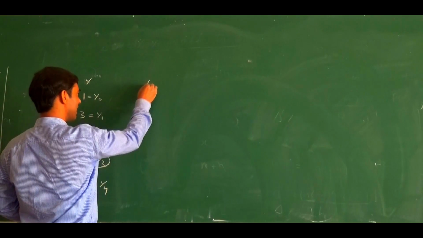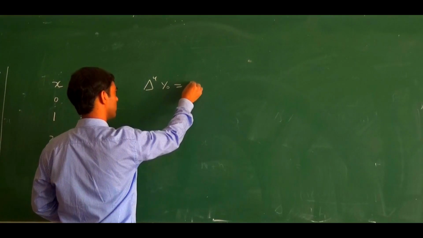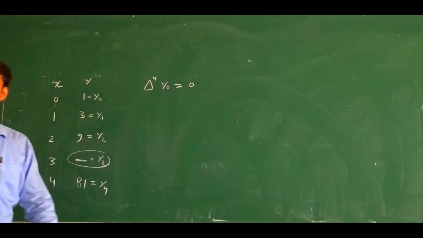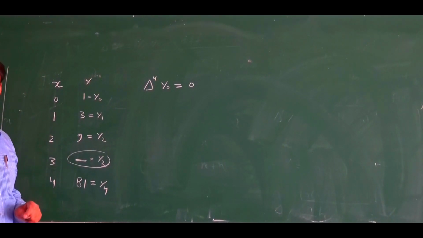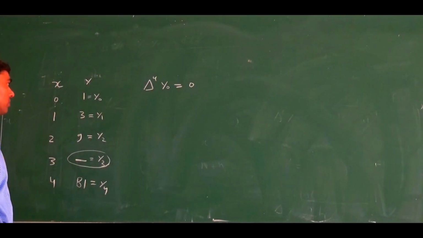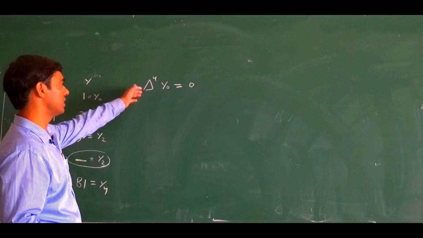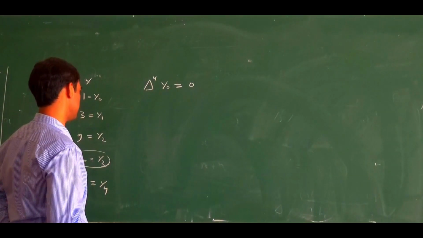This means del 4 y0 is 0. Why is del 4 y0 equal to 0? Because we have 4 known values, and with the help of 4 known values we can only fit a polynomial of degree 3. So the nth difference of an nth degree polynomial is a constant, and the n plus 1 difference becomes 0. So del 4 y0 equals 0.